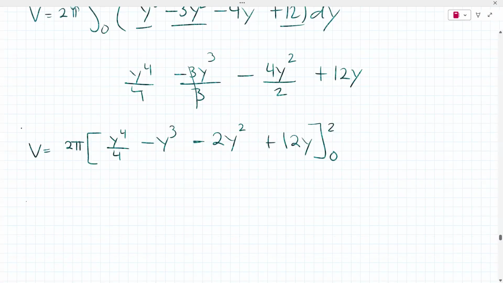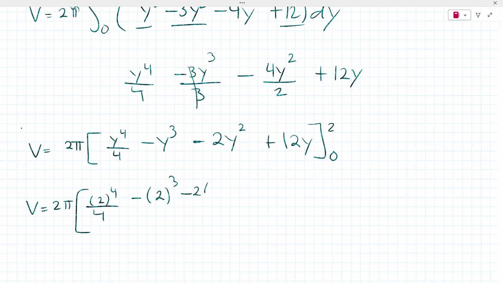Go ahead and continue with the algebra. So upper minus lower, so that's 2 to the 4th over 4 minus 2 cubed minus 2 times 2 squared plus 12 times 2 minus, and then this is going to be 0.